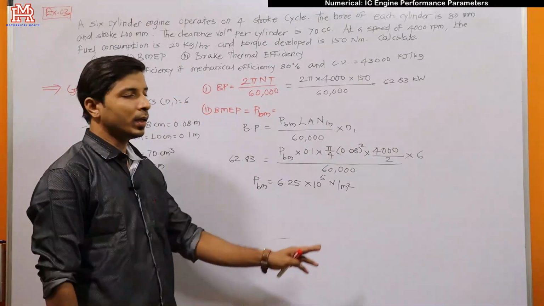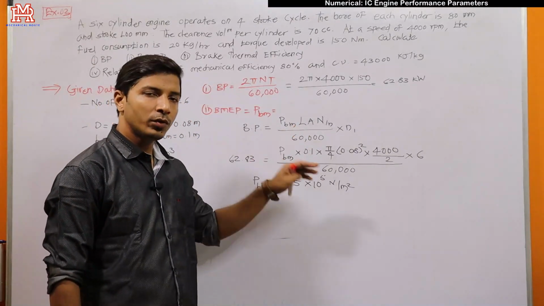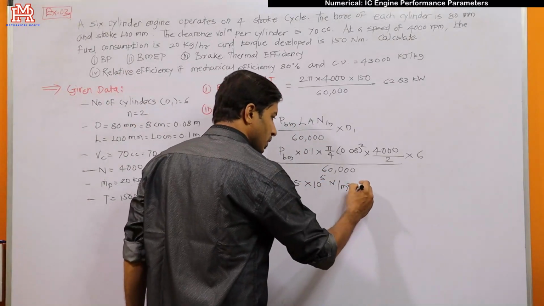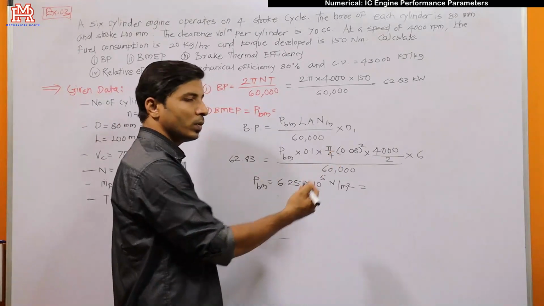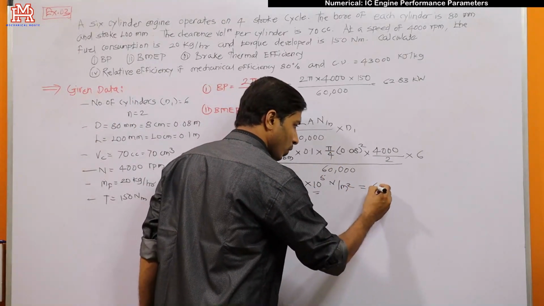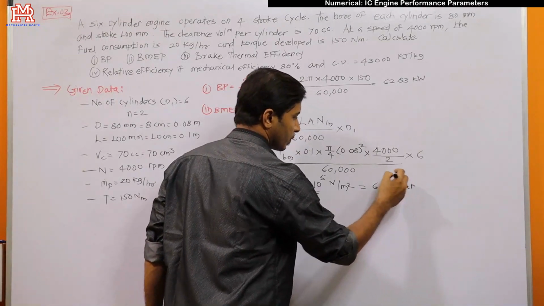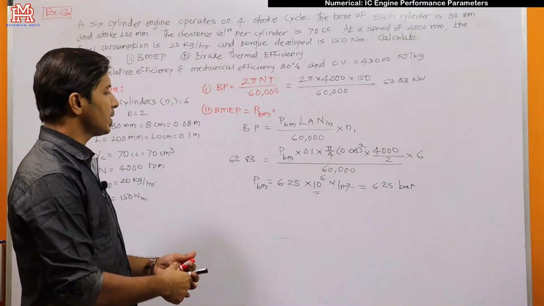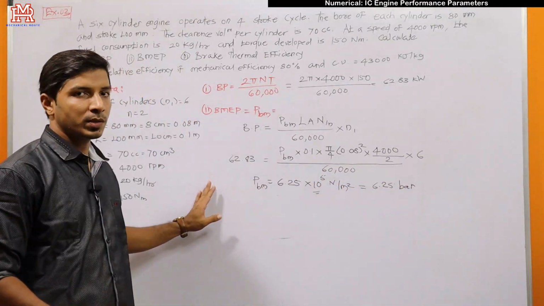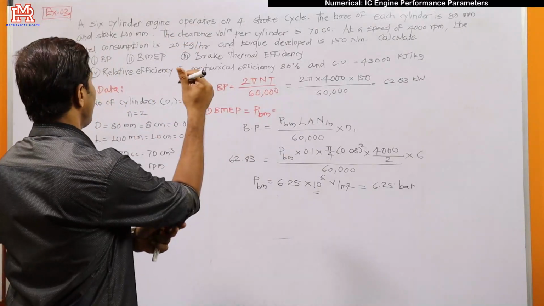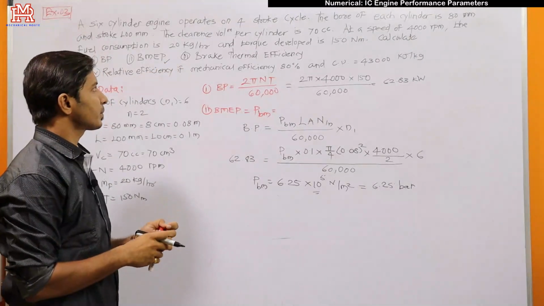You get the answer in Newton per meter square because you have used all the terms in Newton and meter itself. So I have converted this into 10⁵, because I can now write this in bar, as pressure is usually represented in this term. So PBM is nothing but 6.25 bar, the brake mean effective pressure. So you have calculated the second parameter, brake mean effective pressure, BMEP.